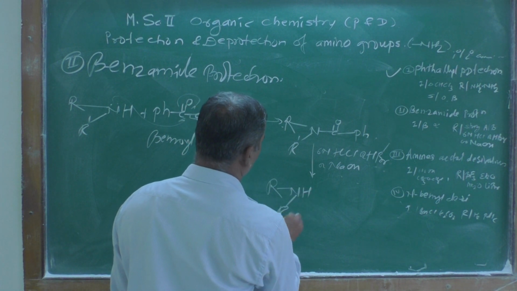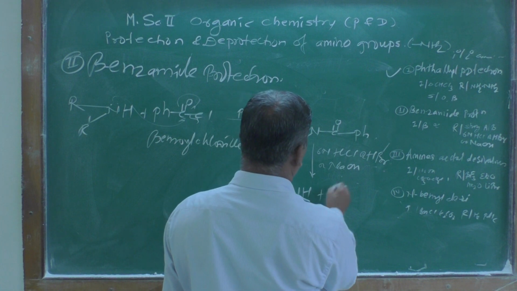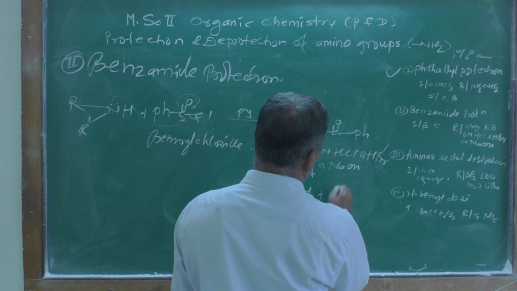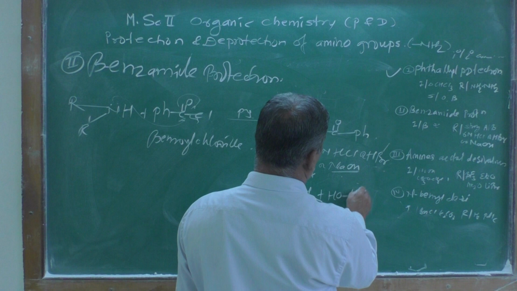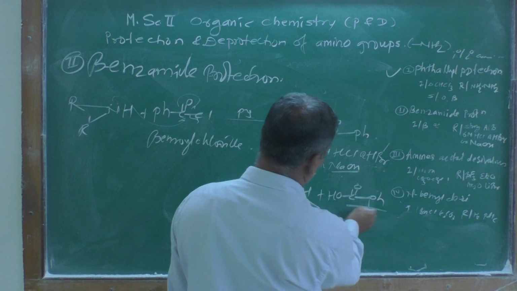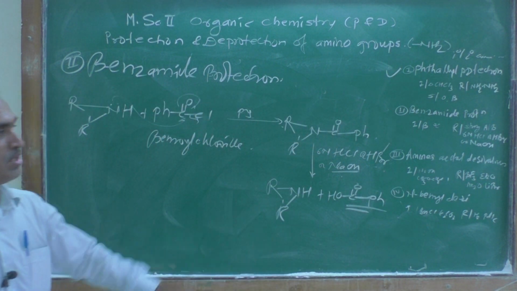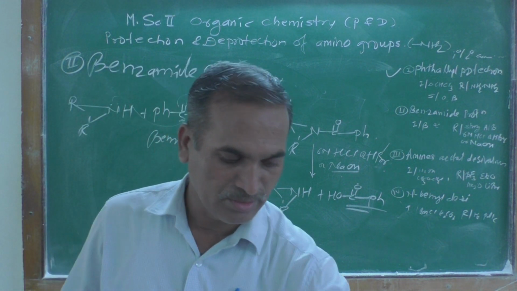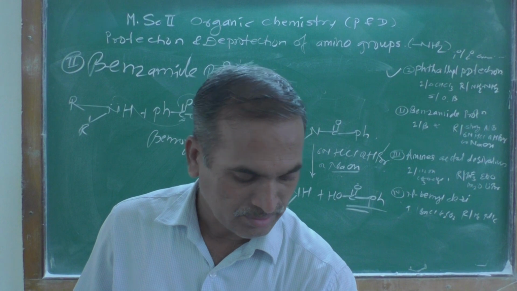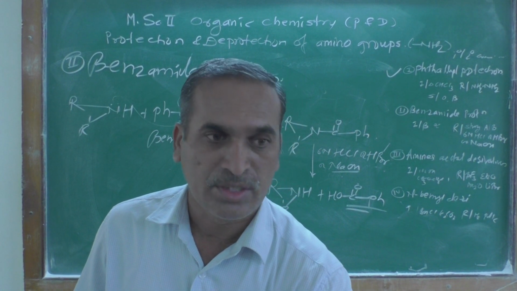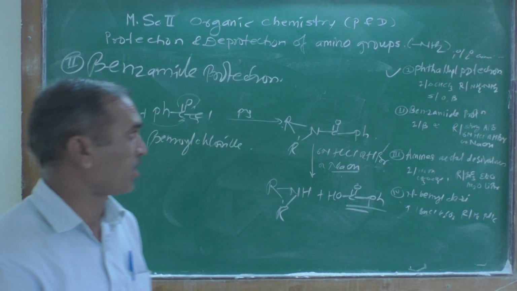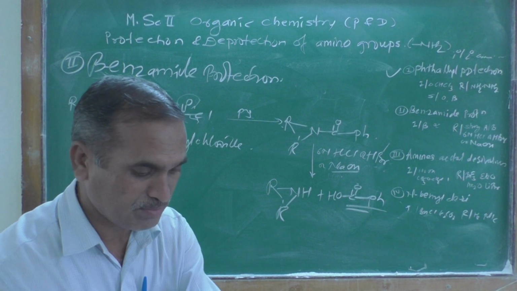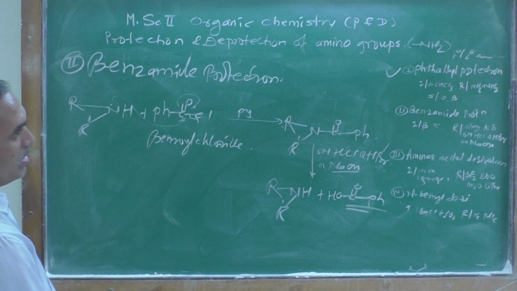R-NH-R', and the side product, suppose if you use sodium hydroxide, is benzoic acid. So this is the second point which we have discussed here. It is used as a protection for amines, primary or secondary amines.